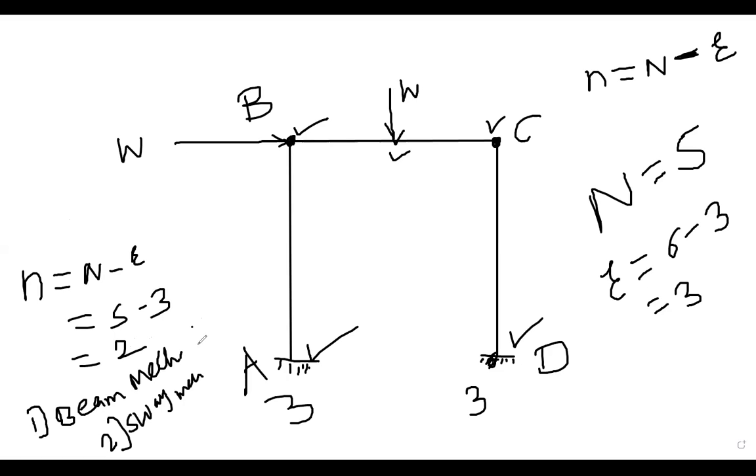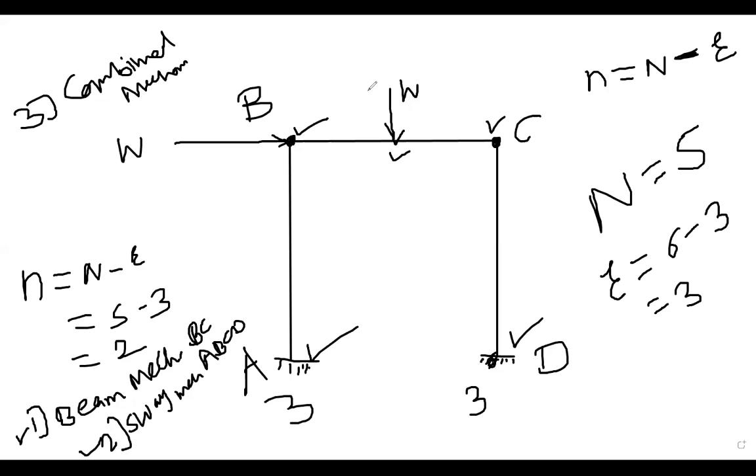Beam mechanism is for beam BC, sway mechanism is for frame ABCD. And by combining these two, beam and sway, the third mechanism is called the combined mechanism.